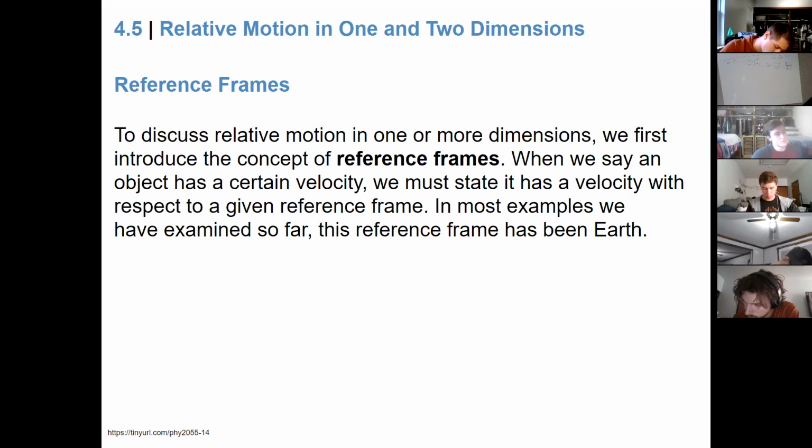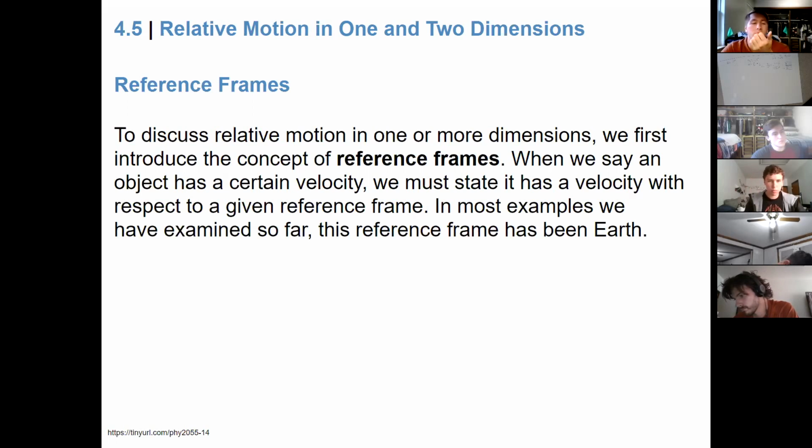First, let's look at what's called a reference frame. When we were doing either 1-dimensional, 2-dimensional, or general 3-dimensional motion, we set up a coordinate system.